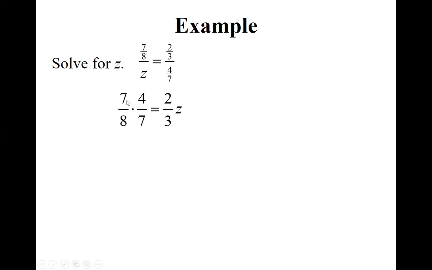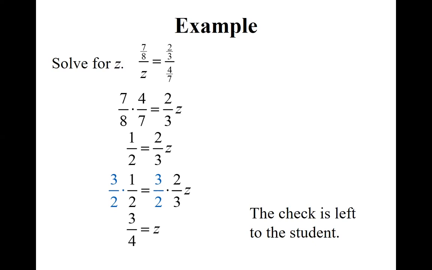Over here, the 7's cancel, leaving us with 4/8, and 4/8 reduces to 1/2, so 1/2 equals 2/3 z. To get rid of multiplying by 2/3, we multiply by its reciprocal, 3/2. So 3/2 times both sides gives us 3/4 equals z.